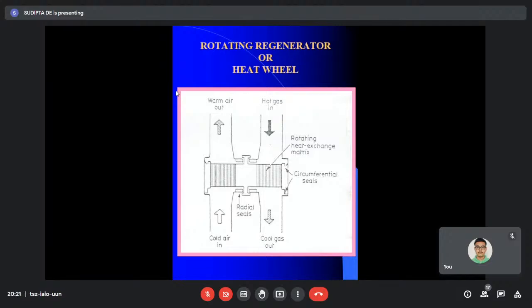Volume is an indicator of the total cost of the device, since more volume needs more material. So for a given volume, if you increase the contact duration, you get better heat transfer.